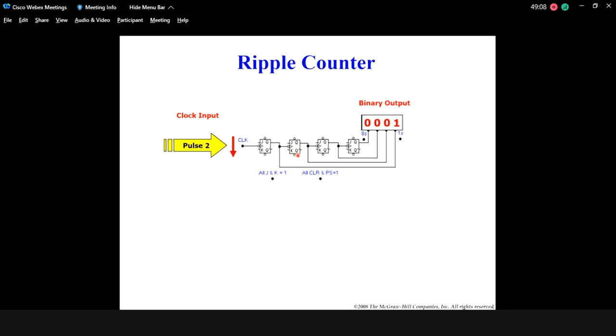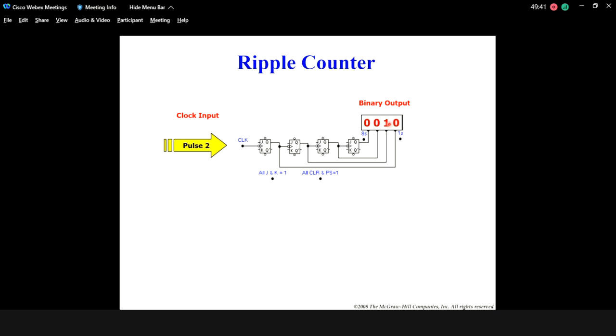When the second pulse goes, Q is inverted from 1 to 0, and the first state becomes 0, and then the Q from high suddenly goes down to 0, and the Q at the second JK will change, in toggle mode, from 0 to 1.